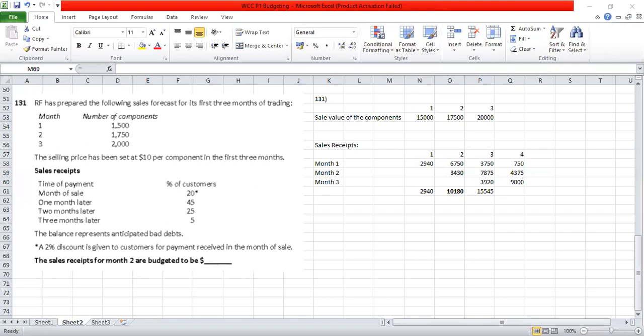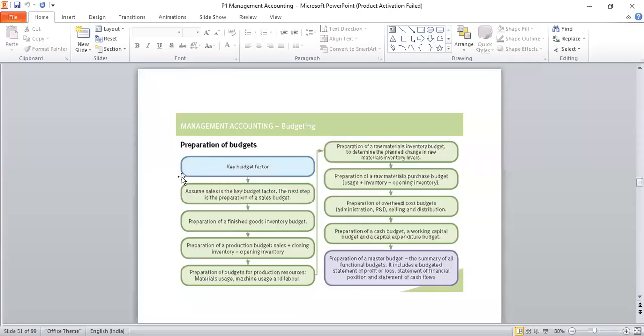Okay, let's get back to the PPT and check what are the other topics. Preparation of budget.